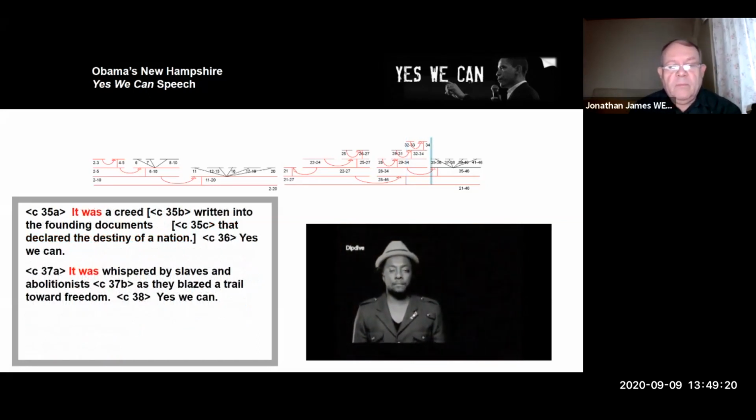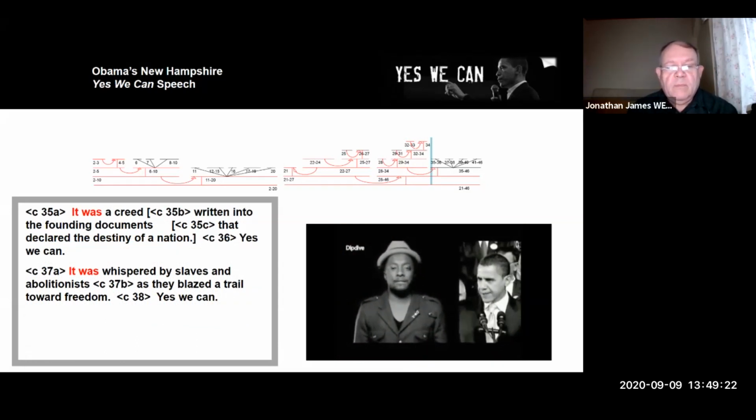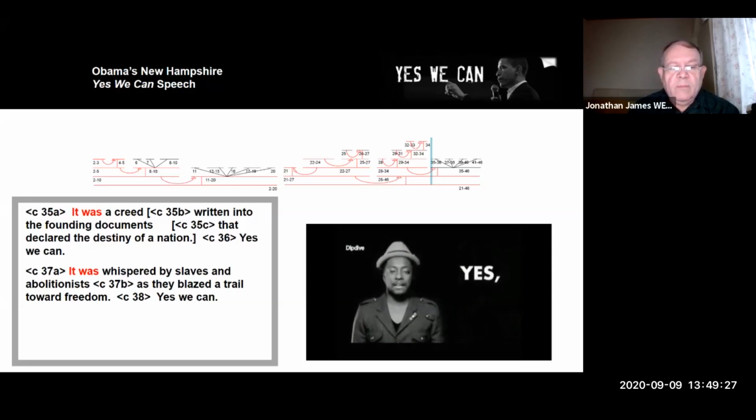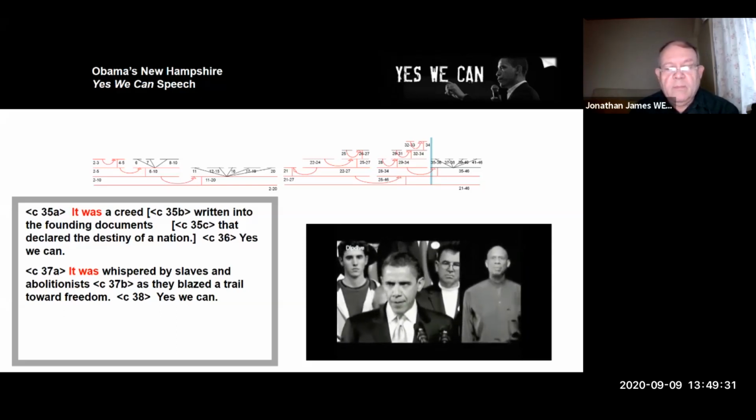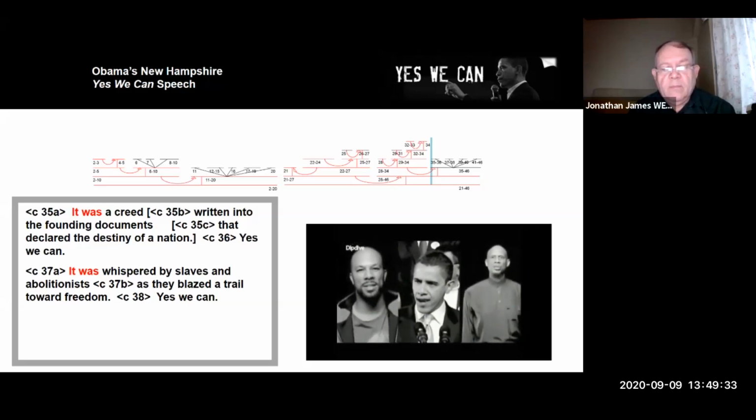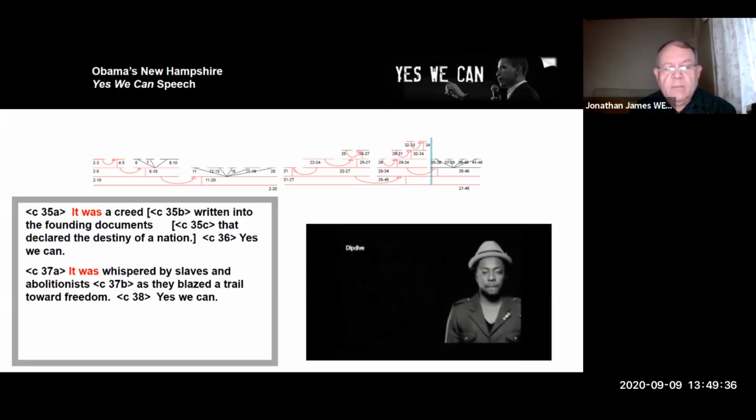It was a creed written into the founding documents that declared the destiny of a nation. Yes, we can. It was whispered by slaves and abolitionists as they blazed the trail toward freedom.